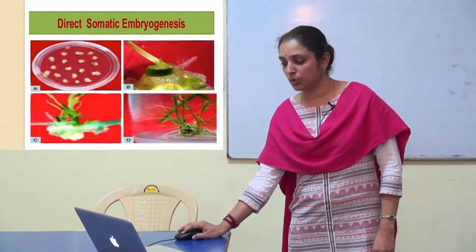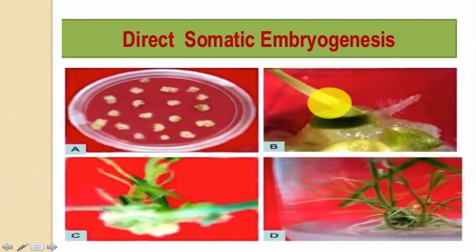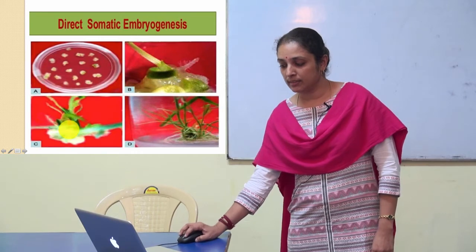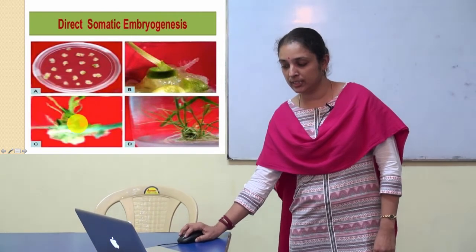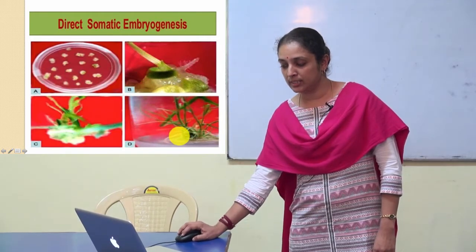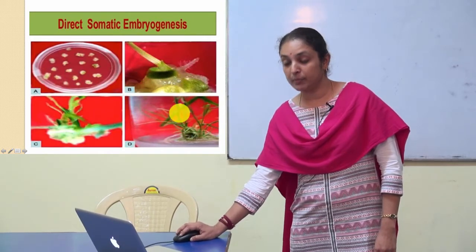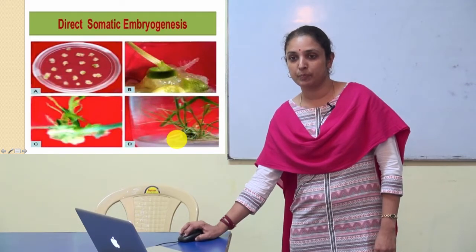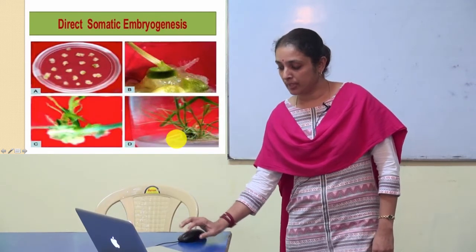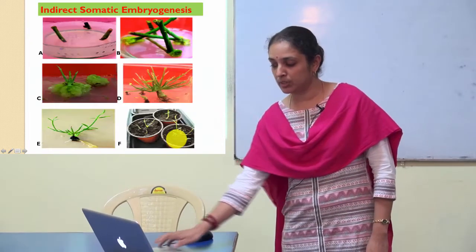And here in vitro condition, you can see there is a plantlet from the explant, and then there are direct plantlets that are growing in picture C, and in picture D you can see the development of plantlets with initiation of roots here. Okay, that is direct somatic embryogenesis.